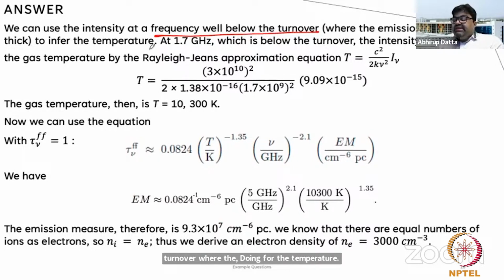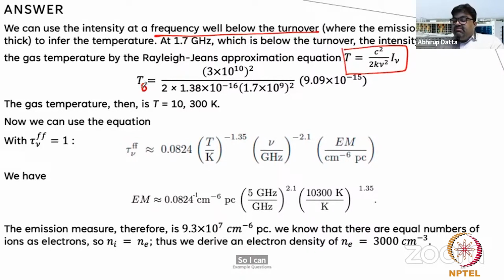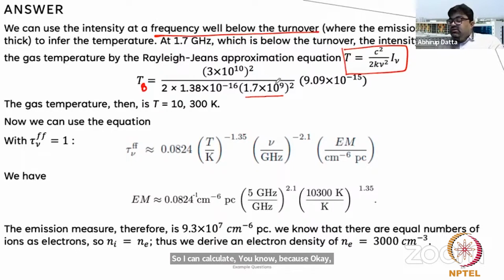At 1.7 gigahertz, which is below the turnover, the intensity is related to the gas temperature, given by the standard Rayleigh-Jeans law. So we can calculate the brightness temperature because we know everything else. Nu is 1.7 gigahertz, and I nu is also given.